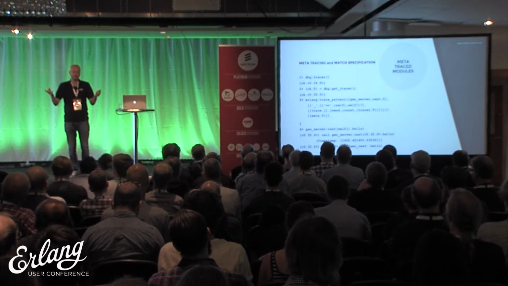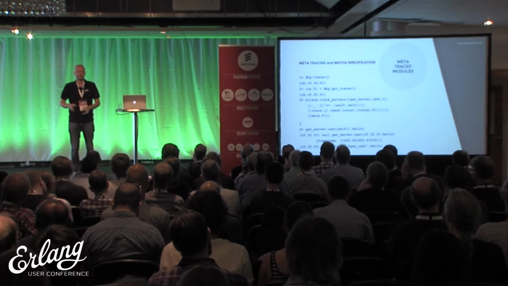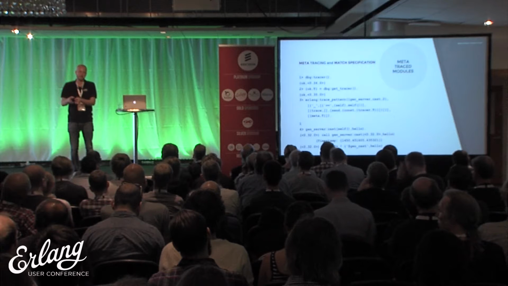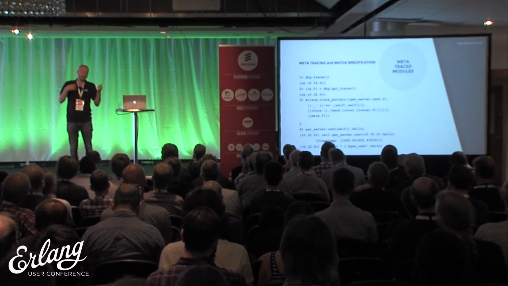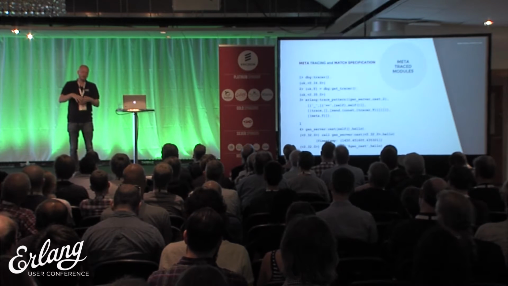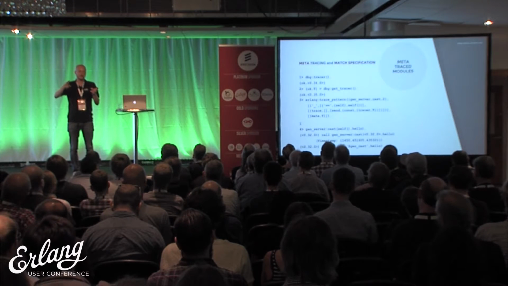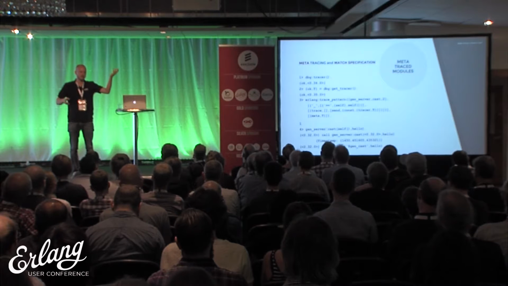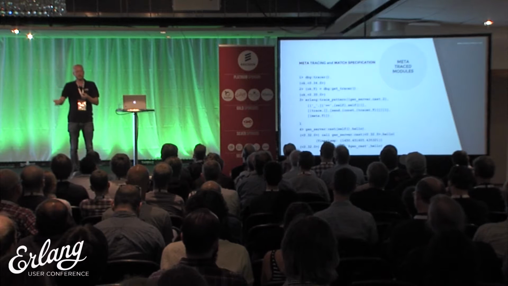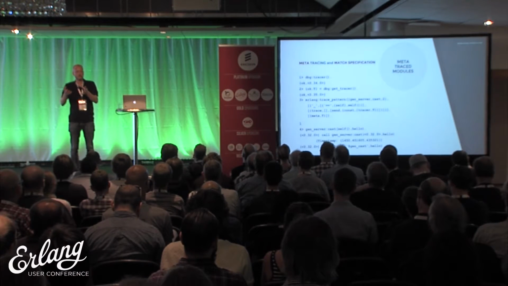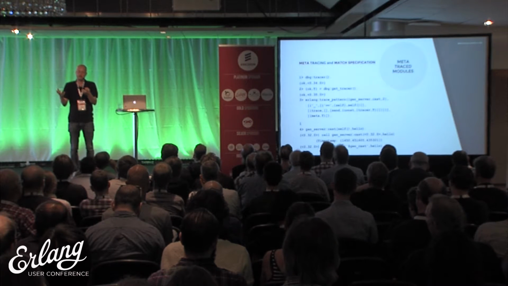So we can build algorithms and logic into this, saying that when this function is cast, I want to change the tracing behavior of the process that called this function, and do this kind of thing. In a production system, for instance, you might say that when this function is called and the arguments to this function contain an identifier I know from some customer, then I want to enable call tracing on this process for these different modules, and also send and receive tracing on this process to see what it's interacting with.